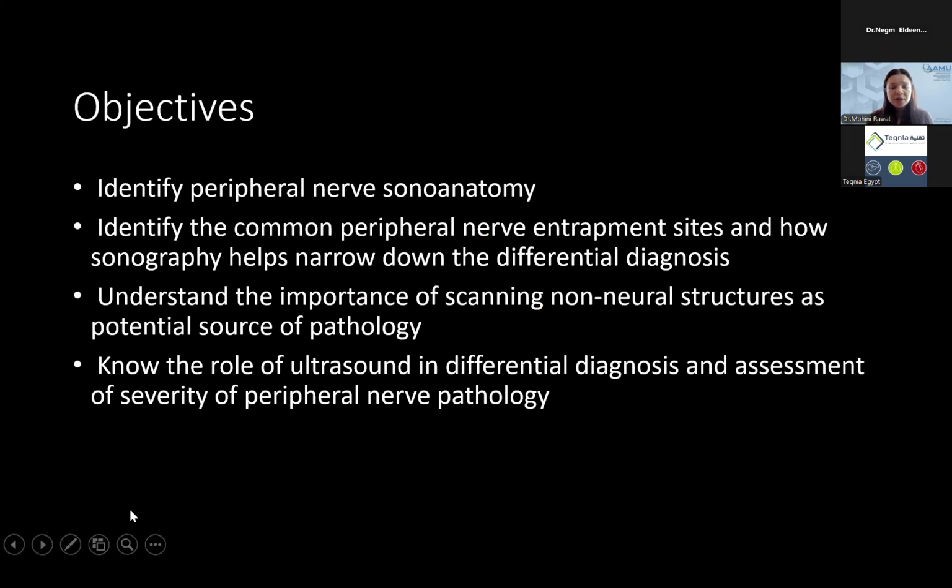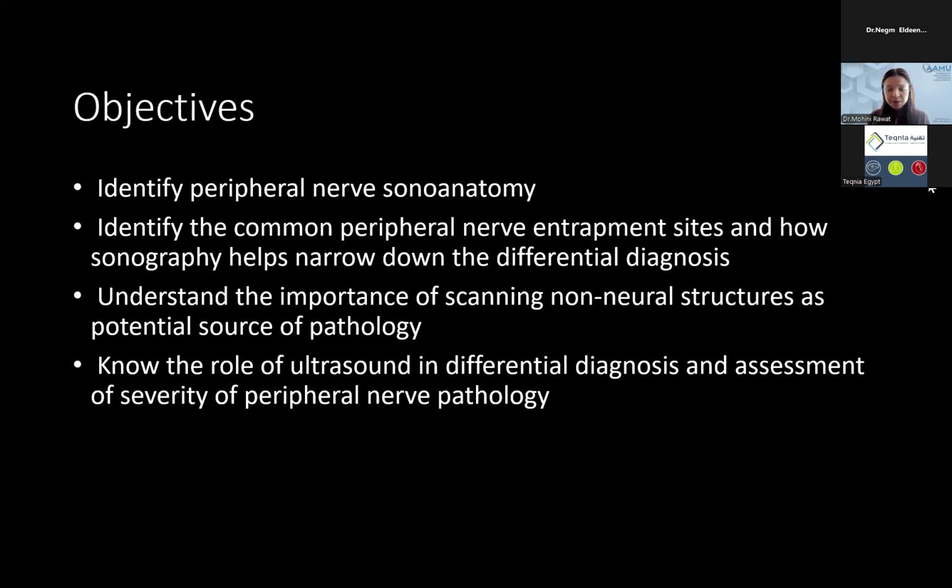These are the objectives of the talk today: to identify nerve sonoanatomy, identify the common peripheral nerve entrapment sites and how sonography helps narrow down the differential diagnosis, and to understand the importance of scanning non-neural structures as potential sources of pathology. There are many cases where, when we scan the vicinity of the nerve, it may not be the nerve itself.